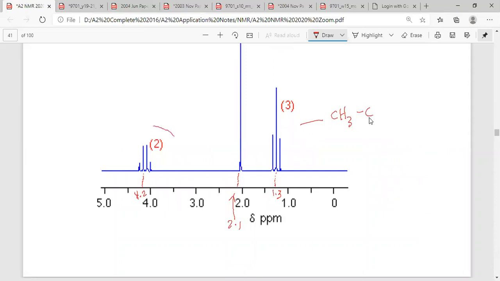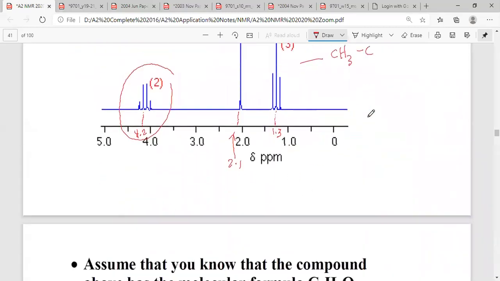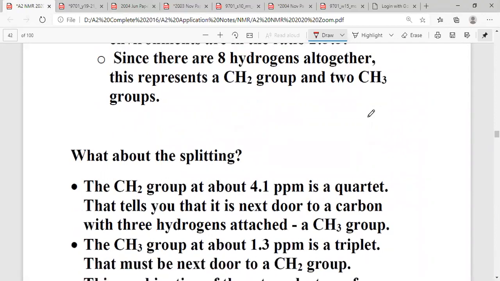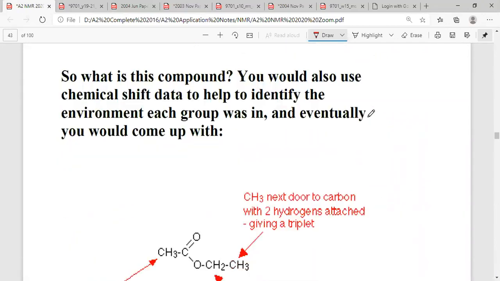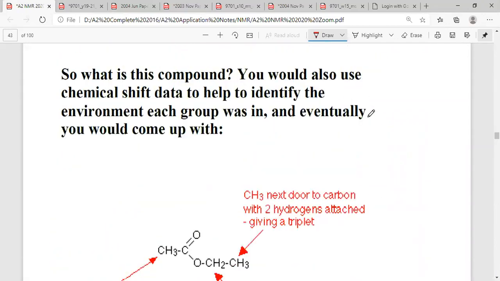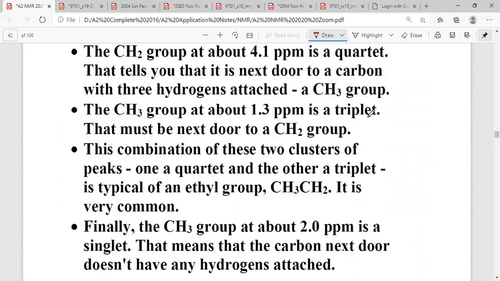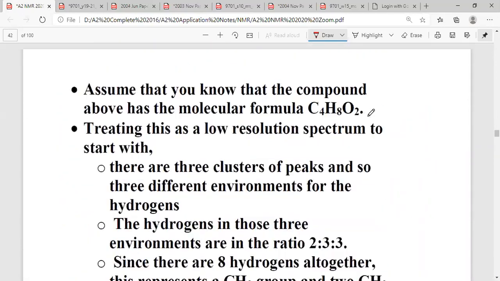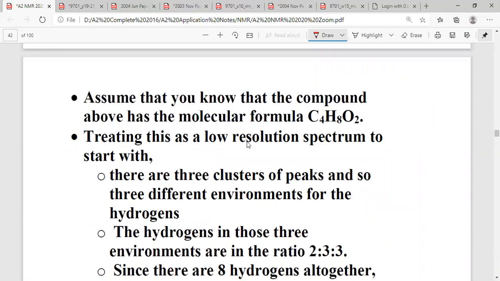Now here, 4.2. They give you the formula of this compound, so assume you know the compound has this molecular formula.